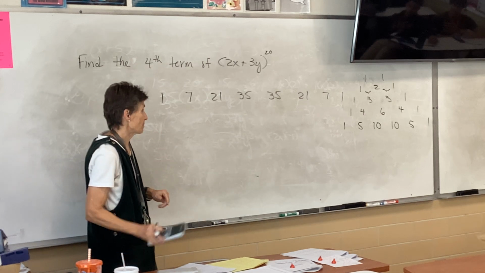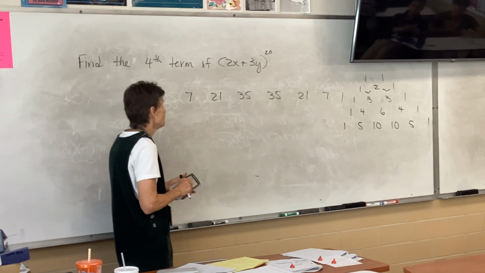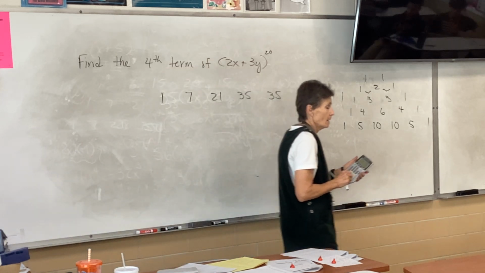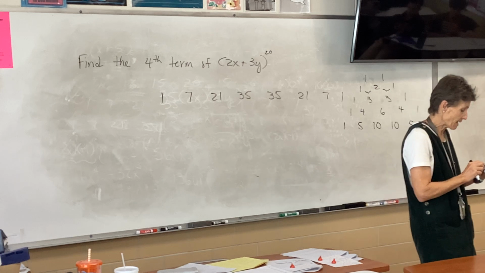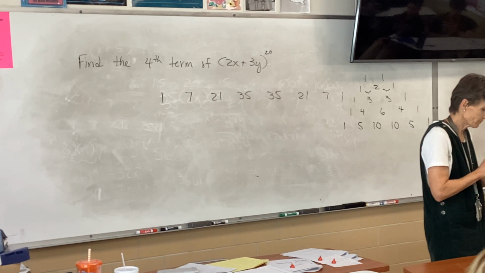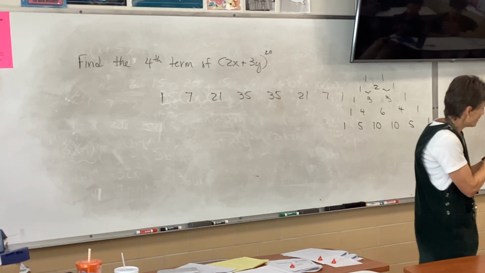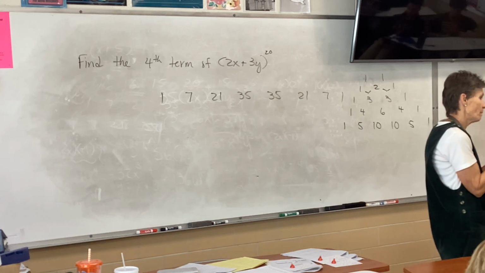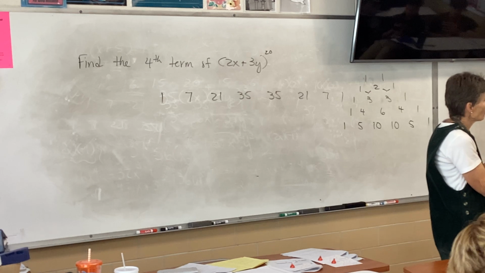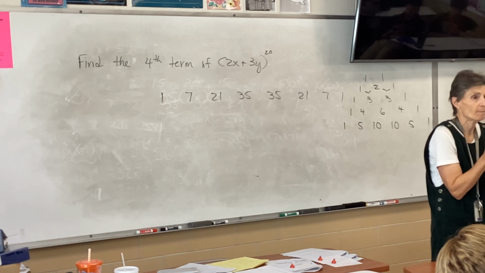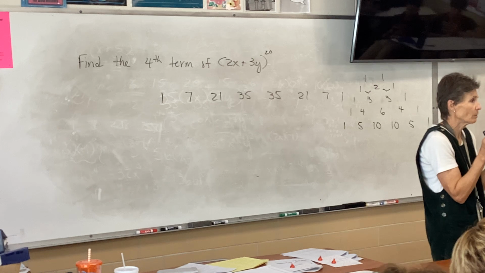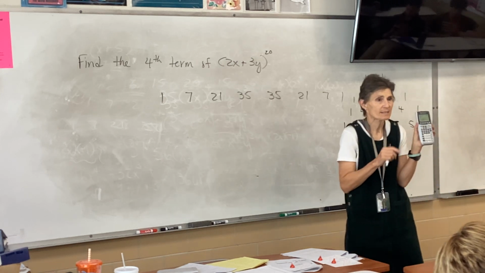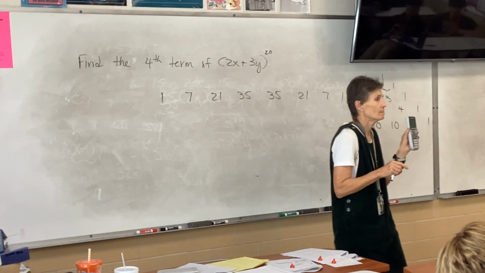So I'm going to show you something. Take out your calculators. I want you to press 7, the number 7, and then go to your Math button. Click across the top menu to PROB, and click down to the button that says nCr.